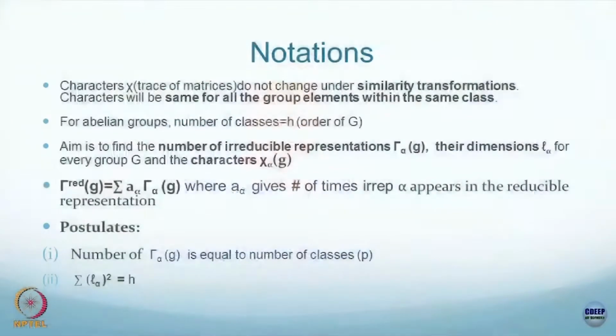And I also tried to tell you that if you had a reducible representation, you will find an S and break it up into block diagonal form, and in those block diagonal forms, some of the irreducible components can occur more than once, and you call that the multiplicity factor A alpha. A alpha is the number of times an irreducible representation, which I am calling by the symbol alpha, occurs.